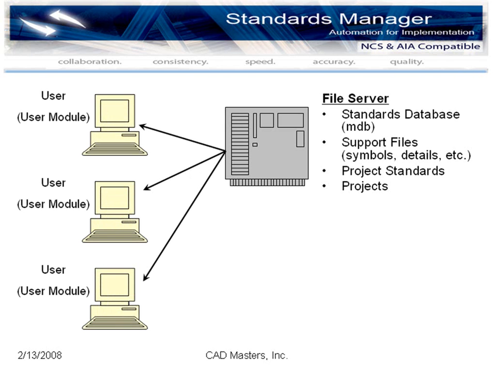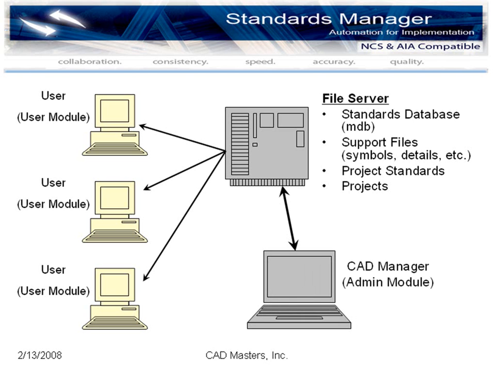All CAD users will have the user module installed, but typically only the CAD Manager will have the administration module for creating, editing, and maintaining the standards. So hopefully this will give you a good idea of what is going on behind the scenes with the user module versus the administration module.